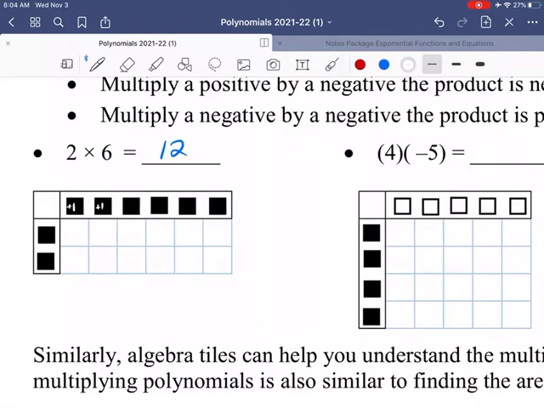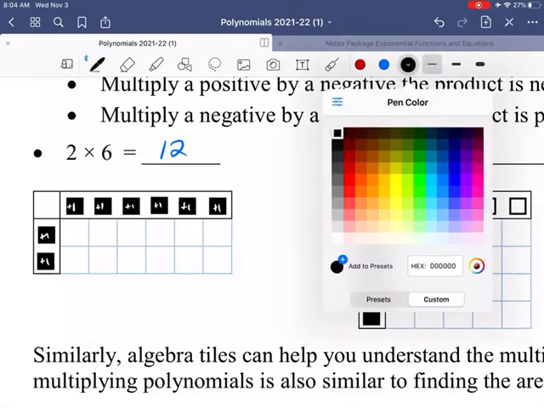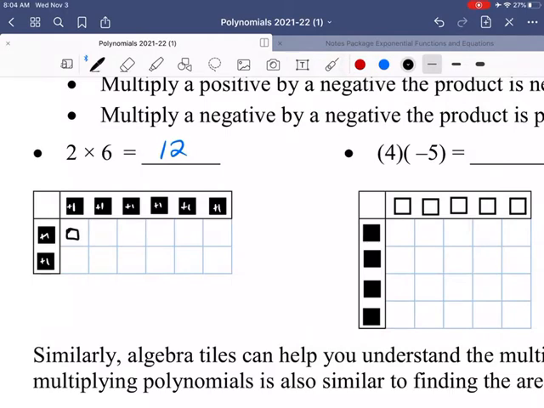Positive 1 multiplied by positive 1 gives us positive 1, and we can draw that in the space here, following the same argument for each one of these boxes. After we fill all this out, these are supposed to be little squares, we can see that there are 12 of them, just like when we were multiplying integers.